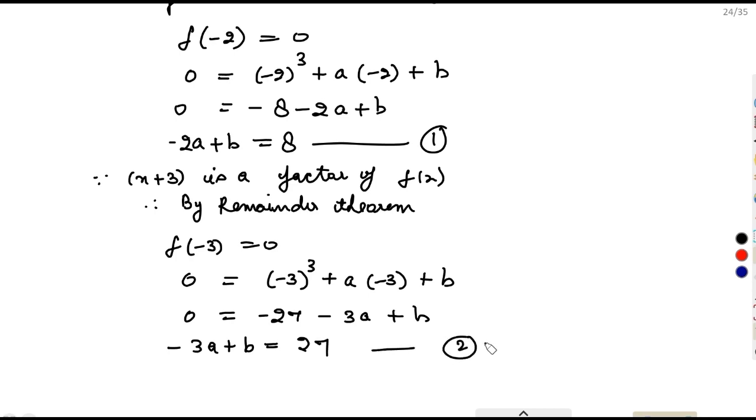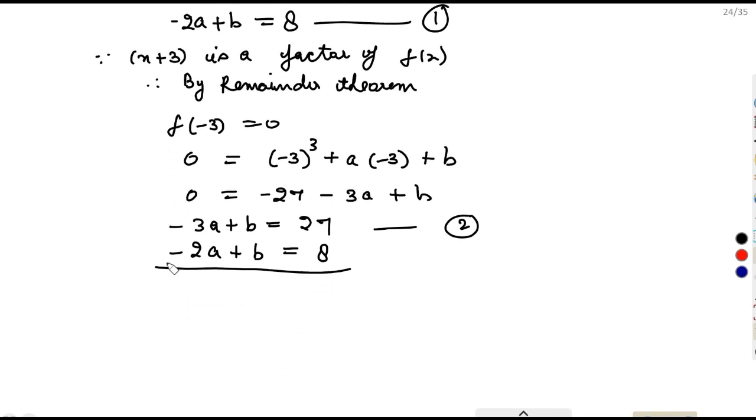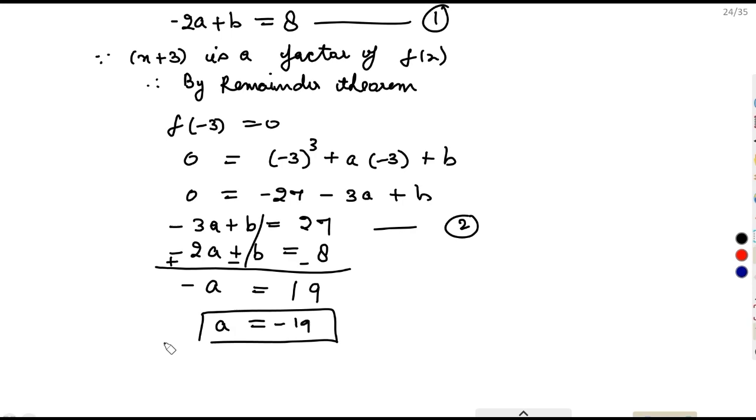Second equation. Now solve these two equations simultaneously. You will get the values of A and B. A is equal to minus 19. Substitute this value of A either in equation 1 or in equation 2.